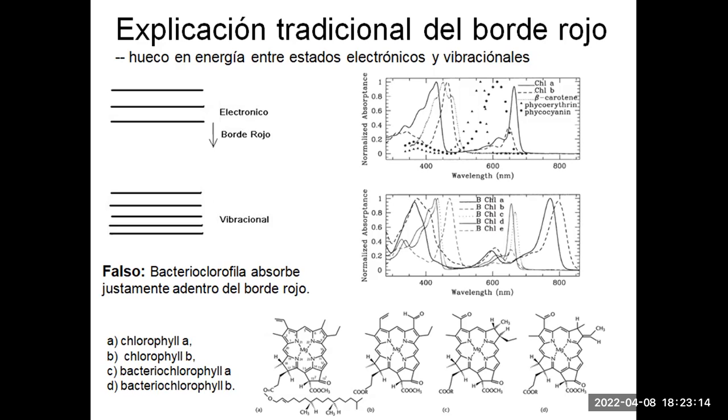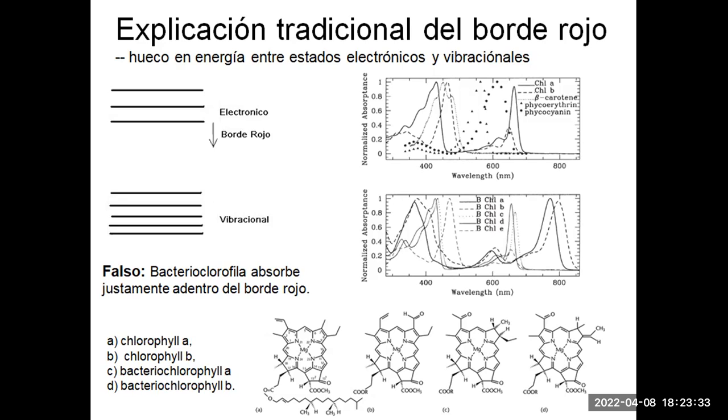So this is the official explanation of the red edge, saying that these molecules, these pigments, for some reason, they don't give the reason, but for some reason, they don't have any intermediate states absorbing here.